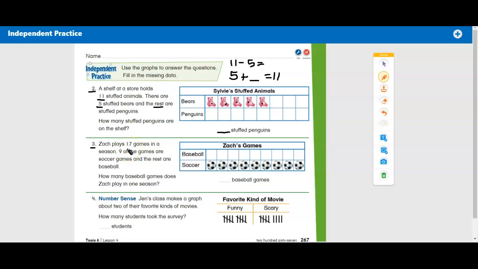So let's go back and look at the information that we do know. We know that Zach plays a total of 17 games. 9 of those games are soccer. So just like how we solved in number 2, there were 2 different ways. You could solve by subtracting or by adding.